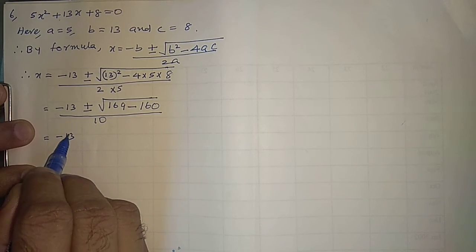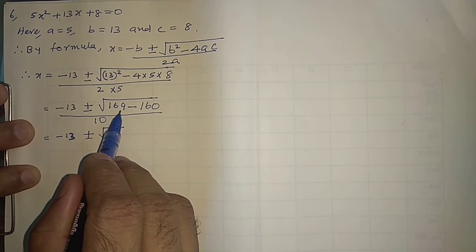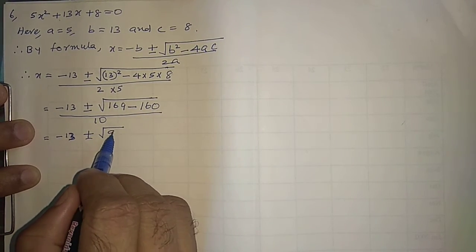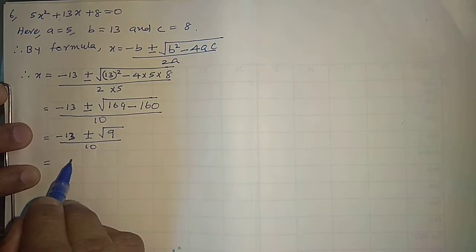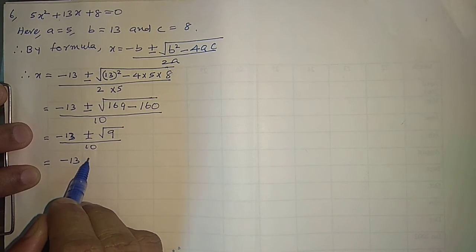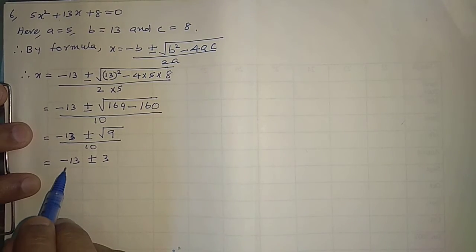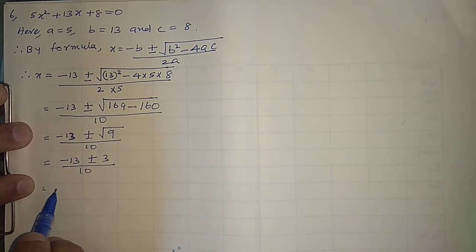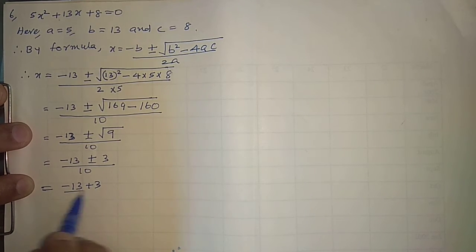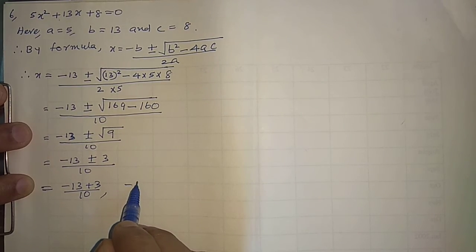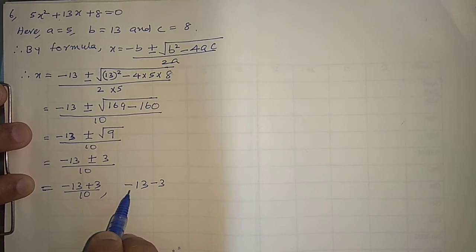So it is minus 13 plus or minus root of 169 minus 160, only 9, upon 10. This is equal to what? Minus 13 plus or minus root 9, which is 3, upon 10. So the answer is minus 13 plus 3 upon 10, or minus 13 minus 3. Second answer, minus 16 upon 10.